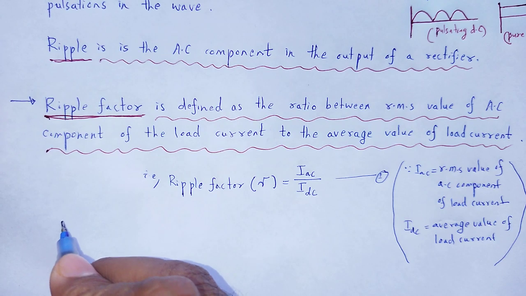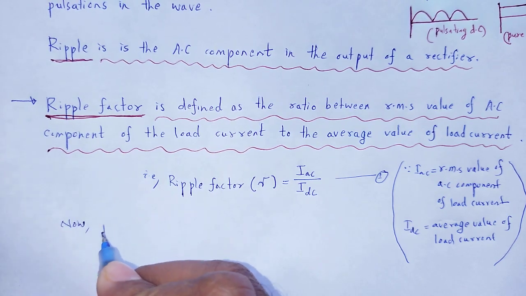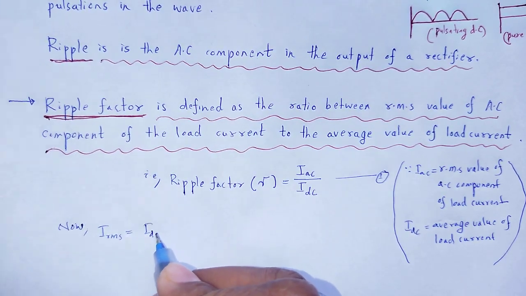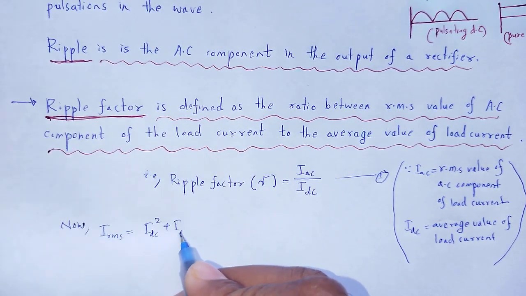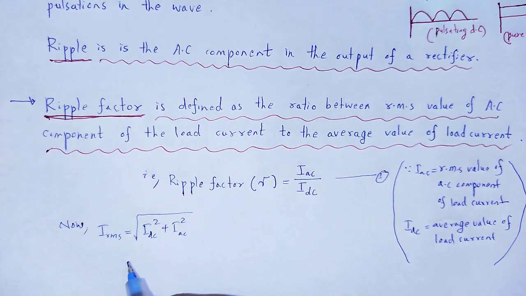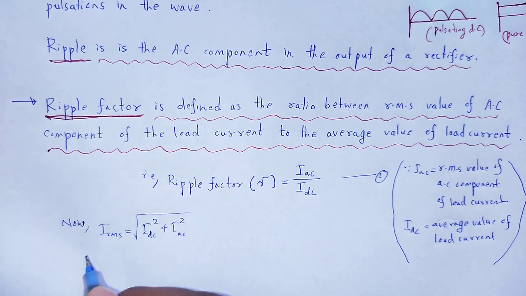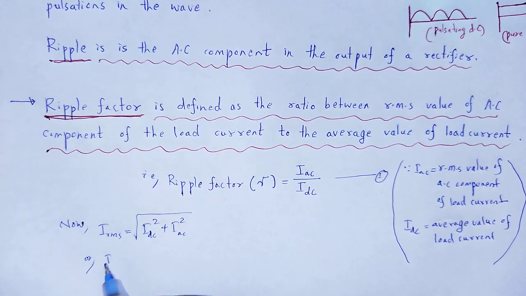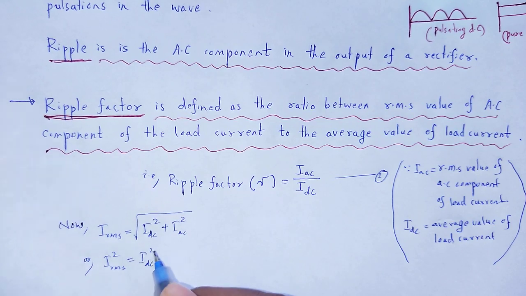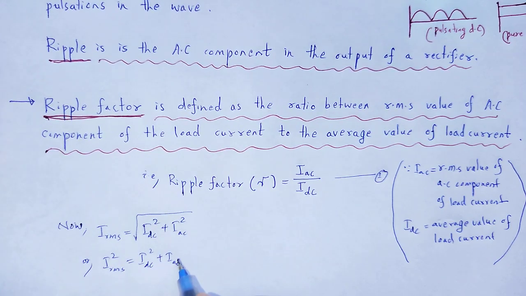Now, I RMS is equal to the square root of I DC square plus I AC square. Squaring on both sides, I RMS square is equal to I DC square plus I AC square.